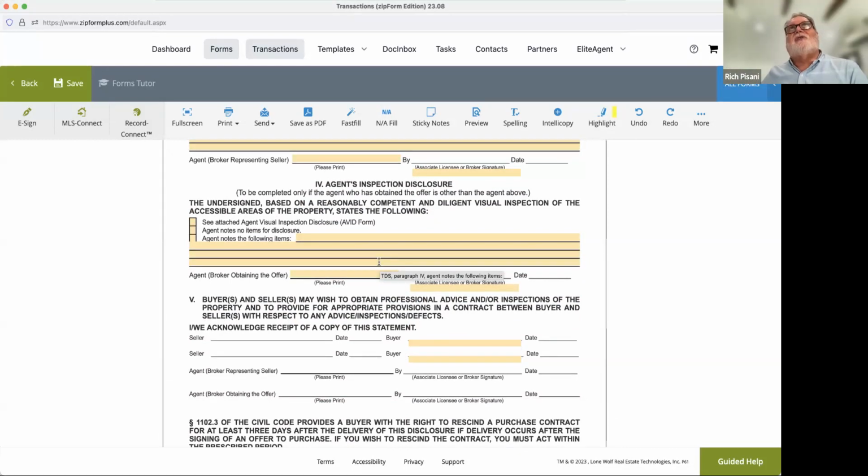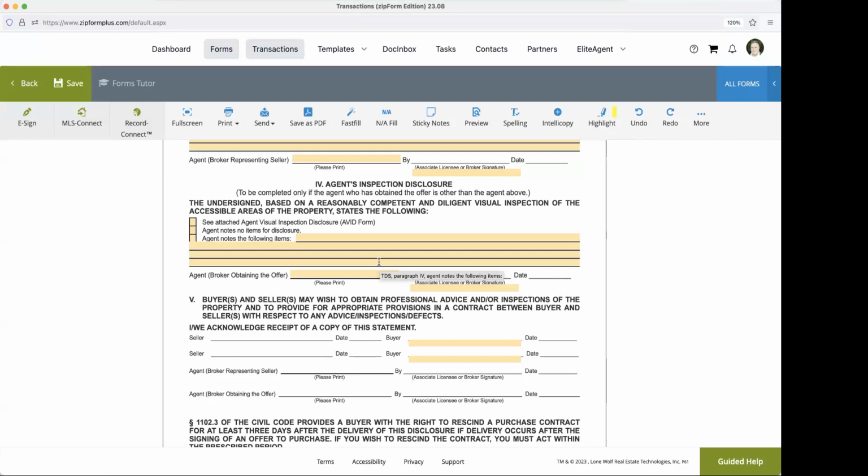Oh, I see what you're saying. If it's another listing agent in another brokerage and they're just writing that, yes, that's fine. The buyer can't cancel due to that. I'm sorry, I misunderstood. No, the buyer can't cancel, because it's completed.